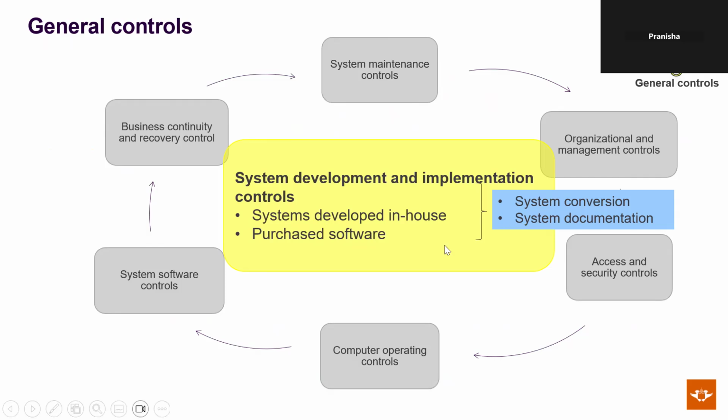And if you currently have SAP and now you wish to use another system like, let's say, QuickBooks, we would then need to have what they call system conversion and documentation in place to ensure that if we're moving from one system to another, that there are required controls and that the conversion is done appropriately.